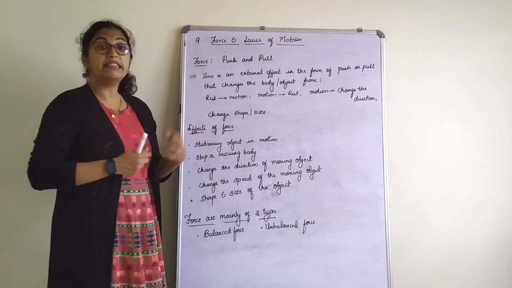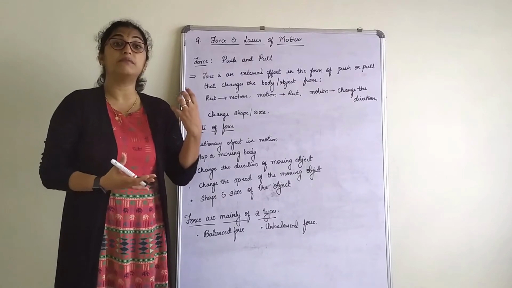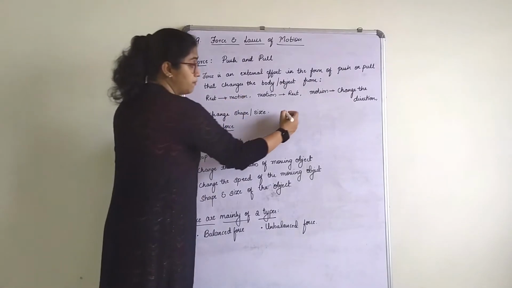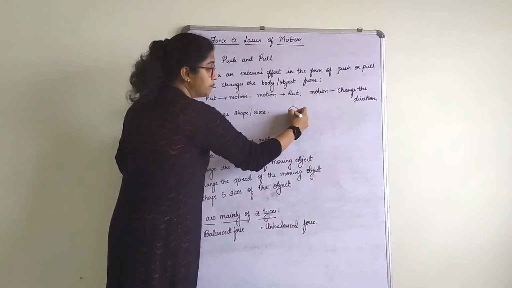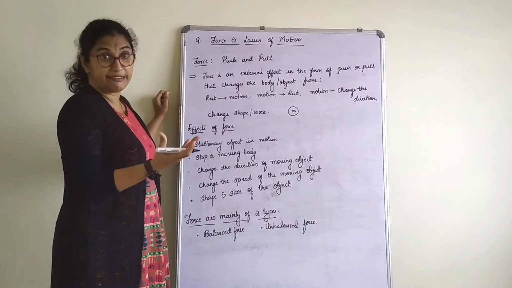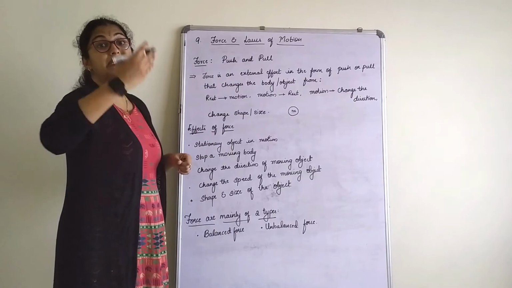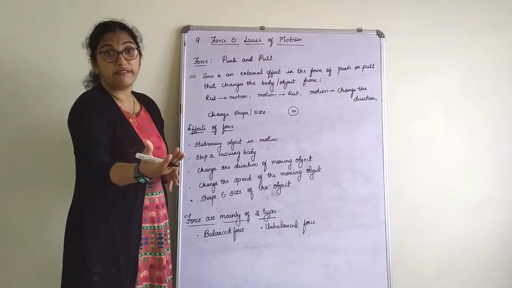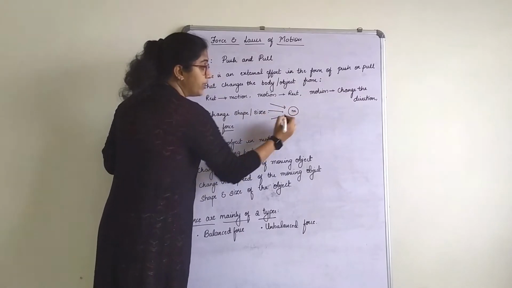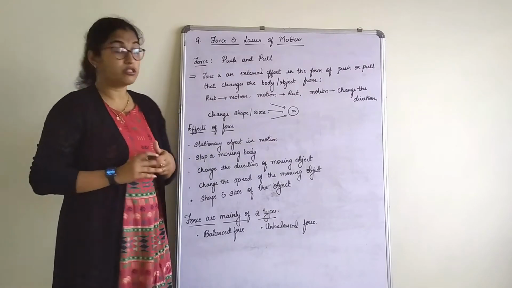There is no particular definition for a force, but we can understand the meaning of force, right? Basically, if I have an object with mass m, and this object moves in a particular direction with some velocity, and I apply some force on it, its velocity changes.